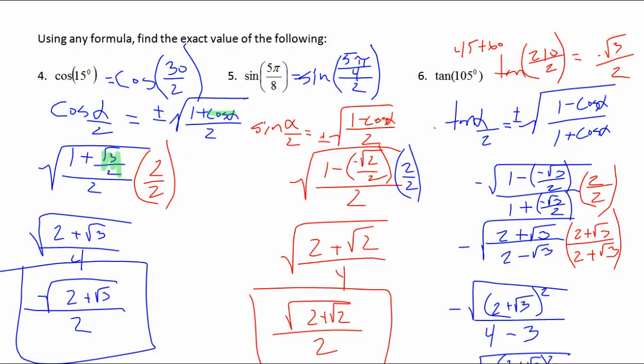I'm going to square root the top, square root the bottom, and that's going to leave me with, and apologize, it looks like I just went off my screen here, but that's going to leave me with the solution here.